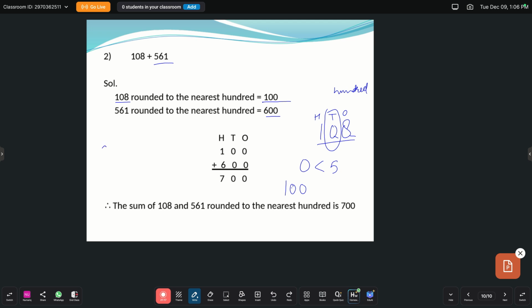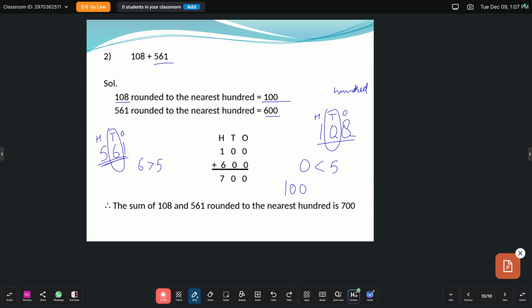Why? Because here we have 561. 1 is at the ones place, 6 is at the tens place, and 5 is at the hundreds place. To round a number to the nearest 100, we check if the digit at the tens place is 5 or greater. Then we have to round the given number to the next 100.